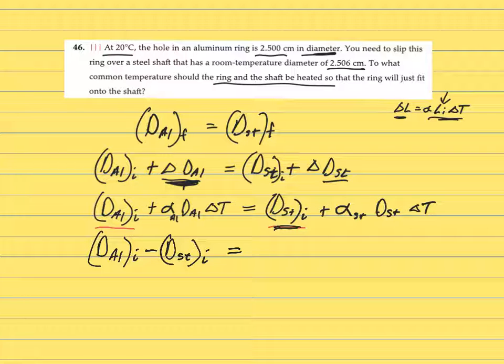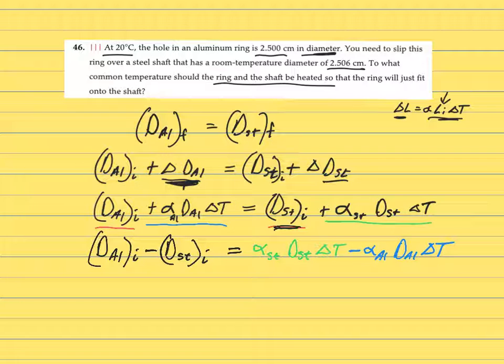So on this other side, I believe I put steel first. Yep. So I'm going to have the coefficient of steel, diameter of steel, change in temp. But then I've got to bring this back over and subtract that from both sides. So that's the alpha of aluminum, coefficient, diameter of aluminum, and change in temp.